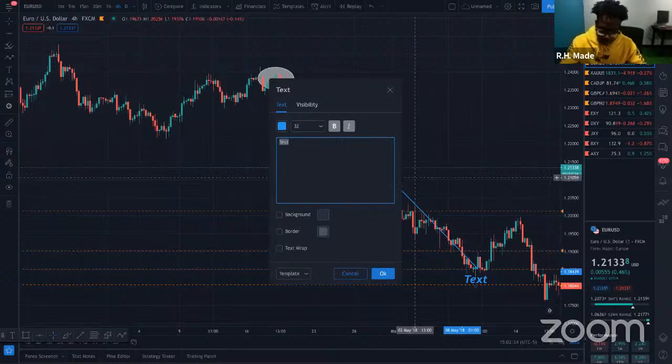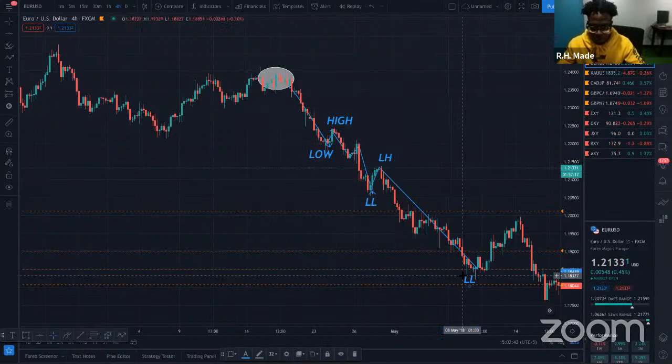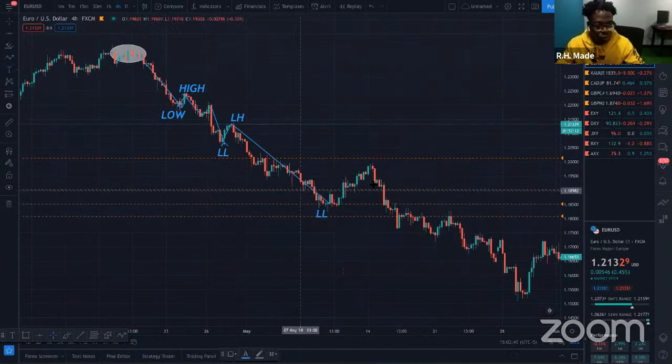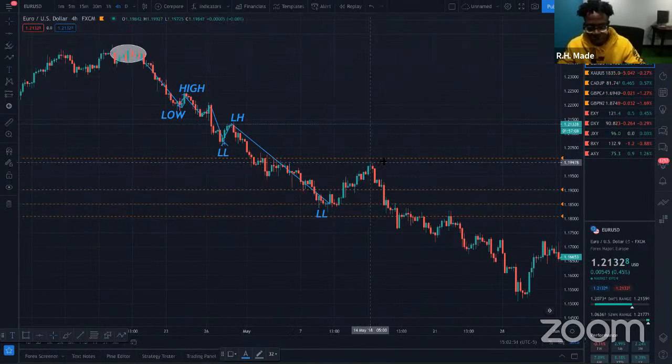I'm going to show you when it reverses how it starts making lower lows and lower highs. Lower than this low and this low. We're still in a downtrend, so we're still making lower lows and lower highs. We're only selling at this point.